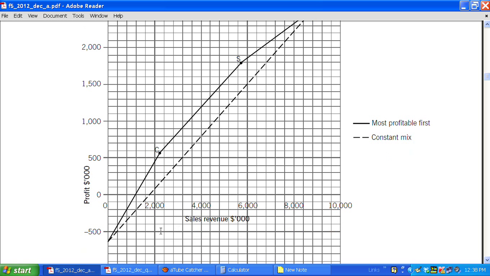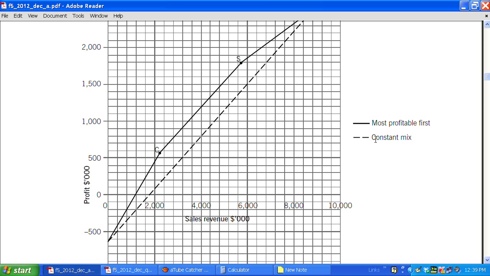Let's look at the graph. We know that the break-even is the point at which profit is equal to 0. You can see the solid line here. When I sell the most profitable product first, my break-even is much lower than when I use a constant mix.